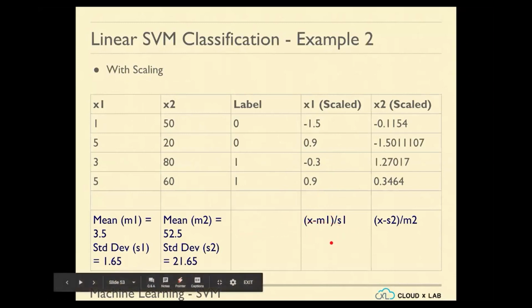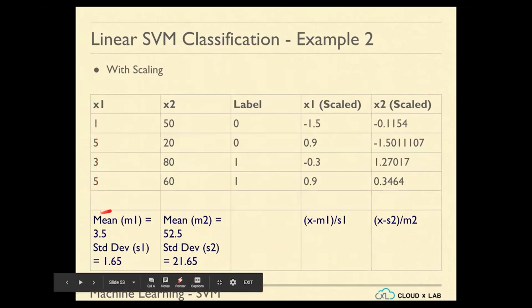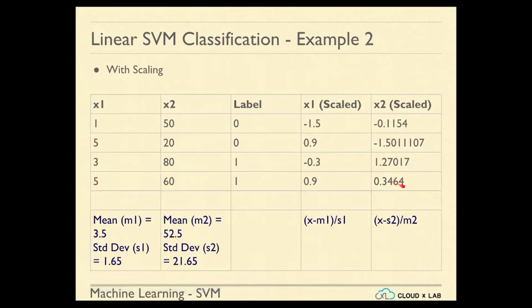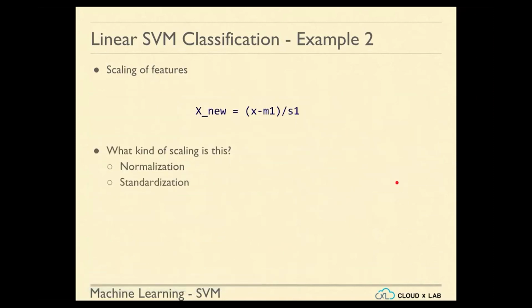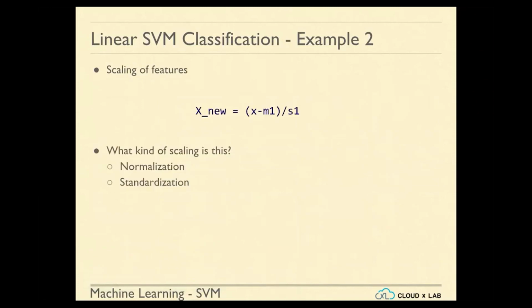Here we've computed the standard deviation, we have computed the mean, we are subtracting the mean from each value and dividing by the standard deviation. This is how the scaling works. For each feature we are doing it separately, and we are getting the scaled value. All right, so what kind of scaling is this? Is it a normalization or standardization? Is it min-max or is it standardization?